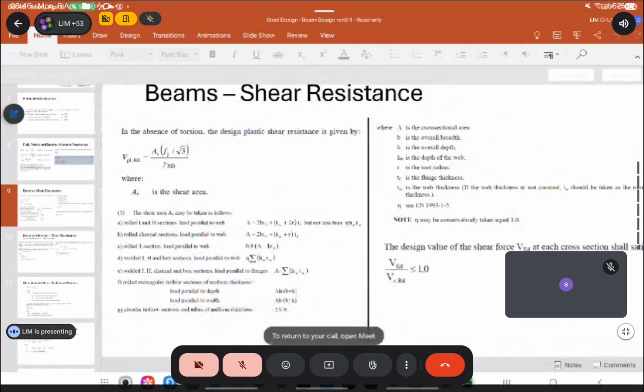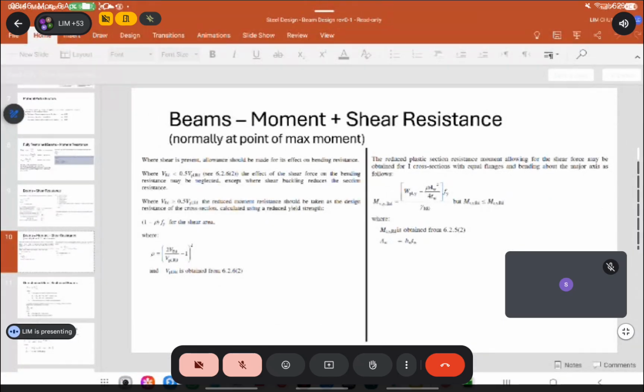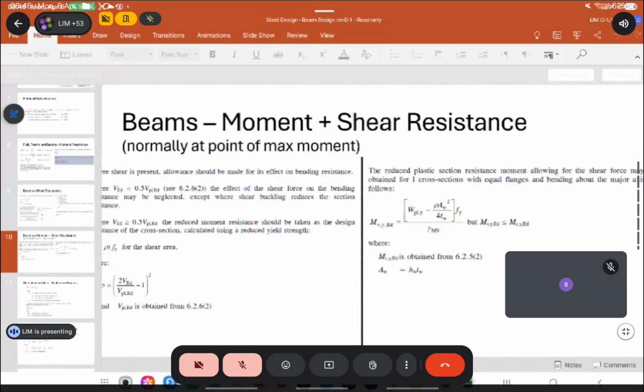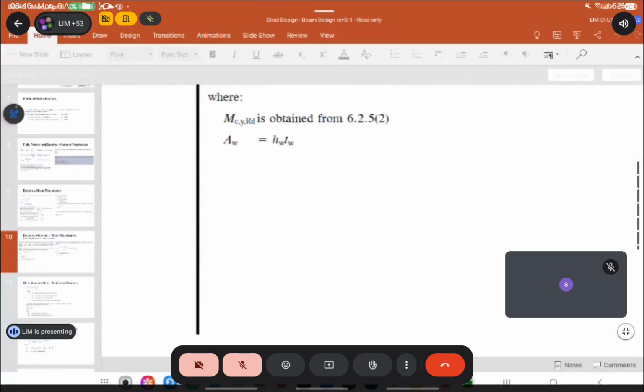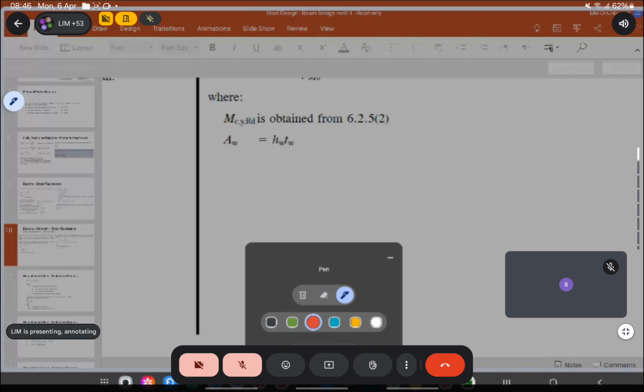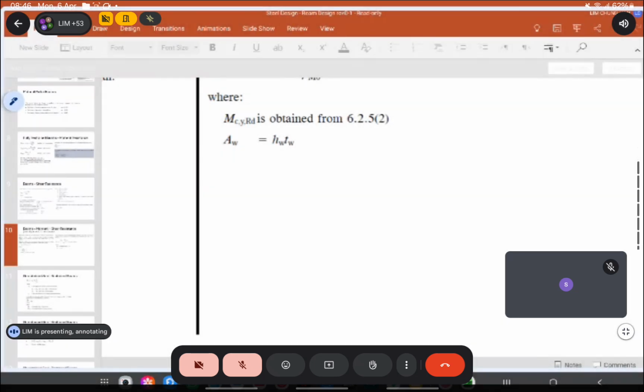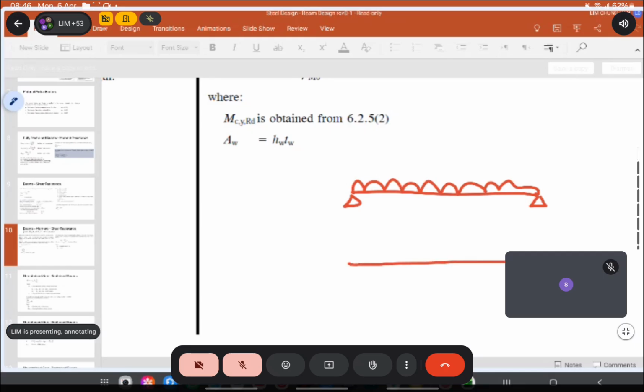Now, last. What if you have moment and shear together? Before I go through too much about this, I need to clarify for you. In a normal beam, let's say a UDL loaded beam, the shear force diagram looks like this.